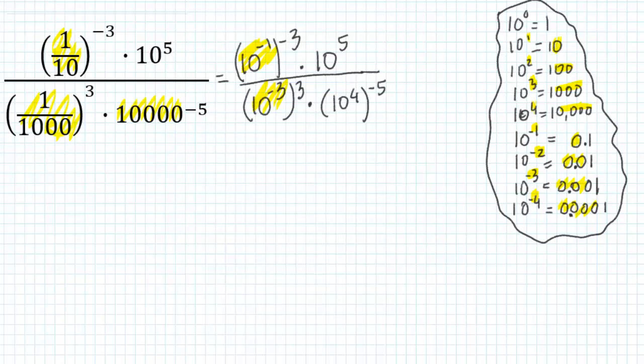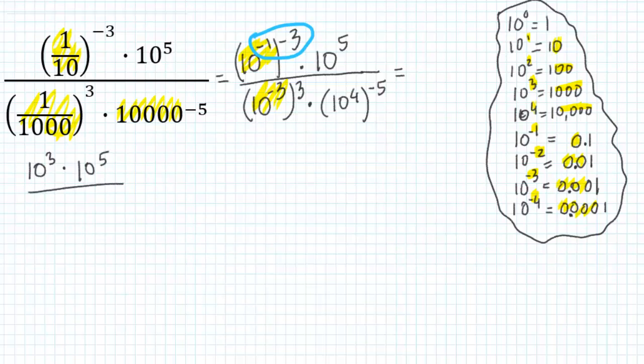If you look at our problem now, you see everything turns into simple exponents. So we're going to simplify a little bit here. I have 10 to the negative 1 to the negative third. By rules of exponents, we multiply negative 1 and negative 3 and get positive 3. So that's just going to be 10 to the positive third times 10 to the fifth.